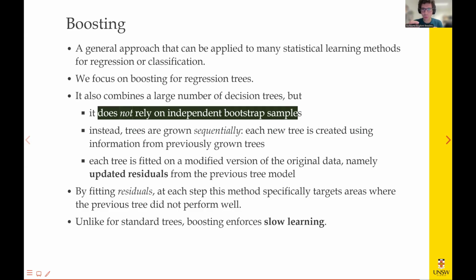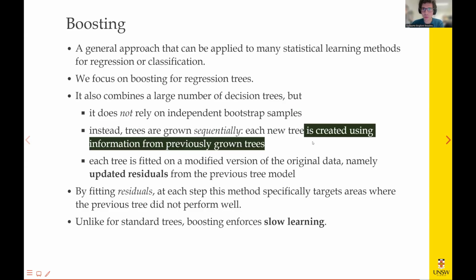Like the first bootstrap sample, aside from the fact that it comes from the same data set, is independent of the second. If I know the first bootstrap sample, it doesn't give me additional information about the second one, because the second one is independently sampled from the initial population. Now, instead, in boosting, trees are grown sequentially, and each new tree is created using information from previously grown trees.